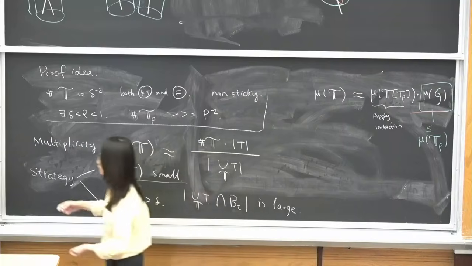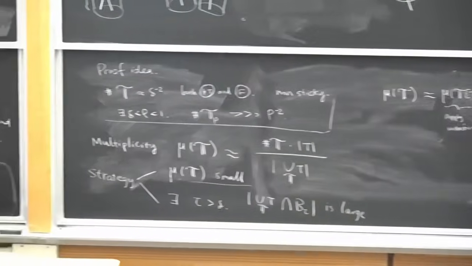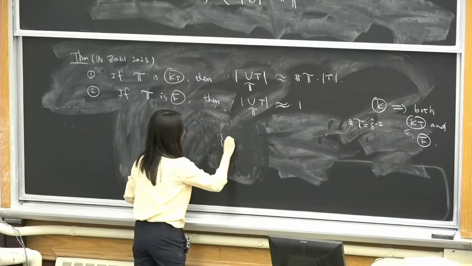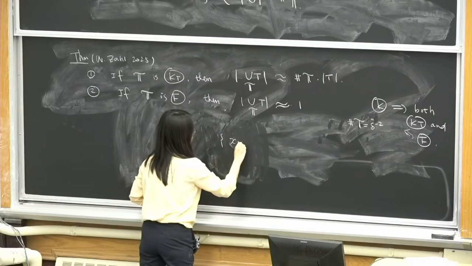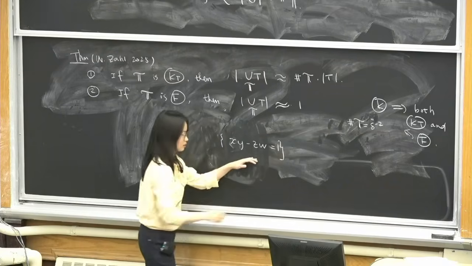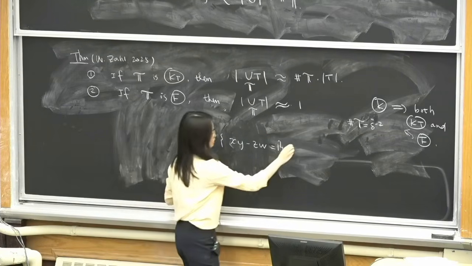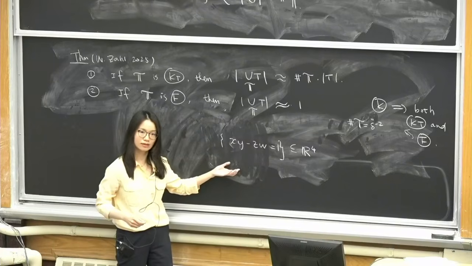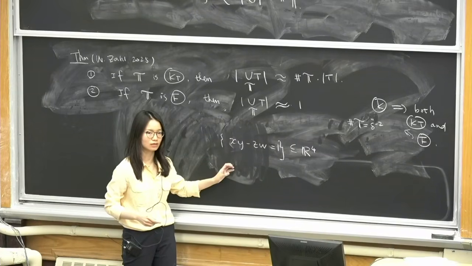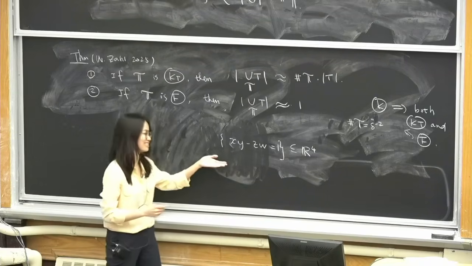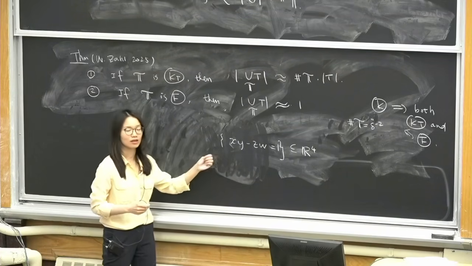Also, there is an example in R4 that contains a 3-dimensional set of lines. The lines also satisfy the Wolff axioms, and it has dimension 3 instead of 4.